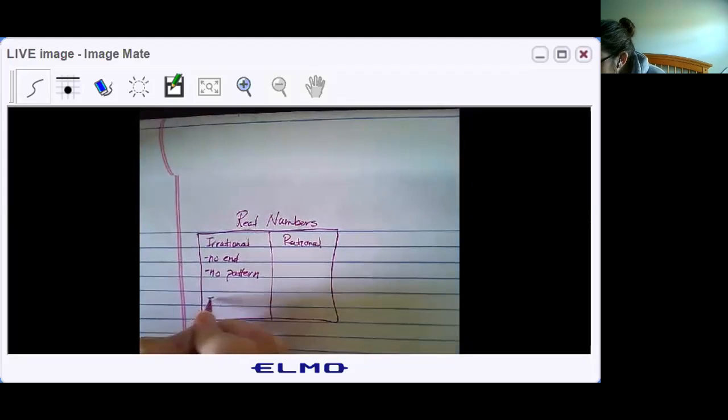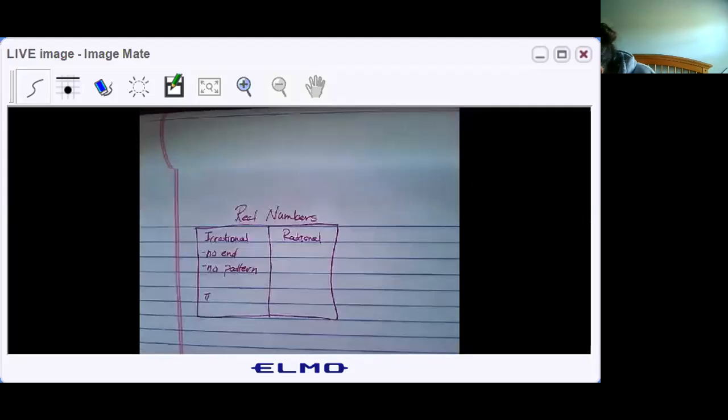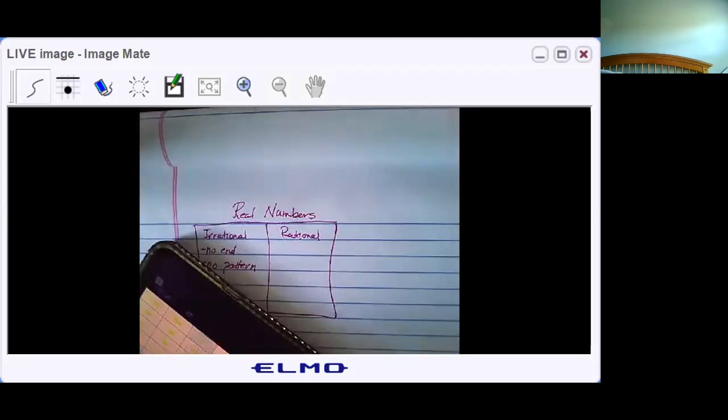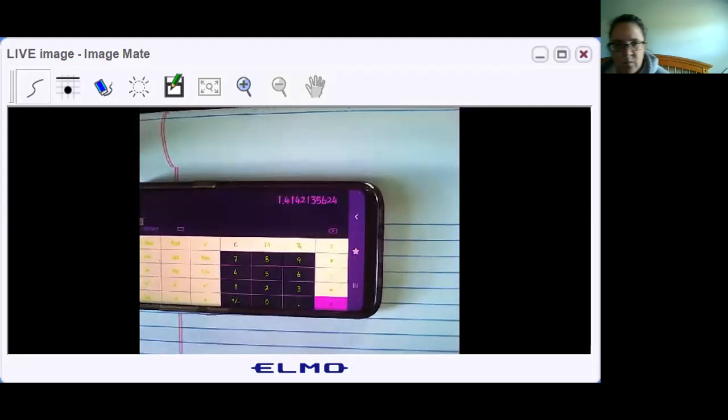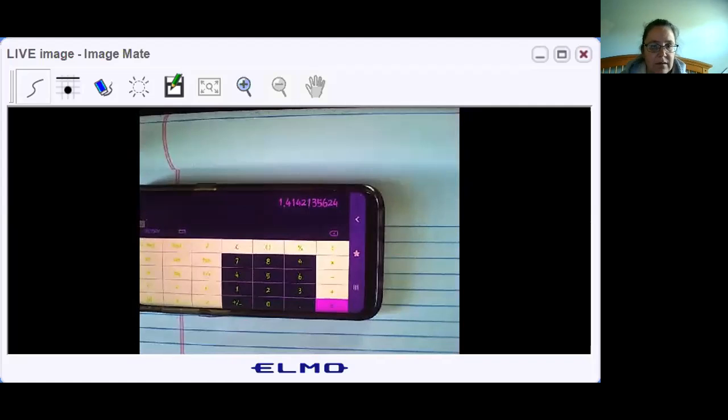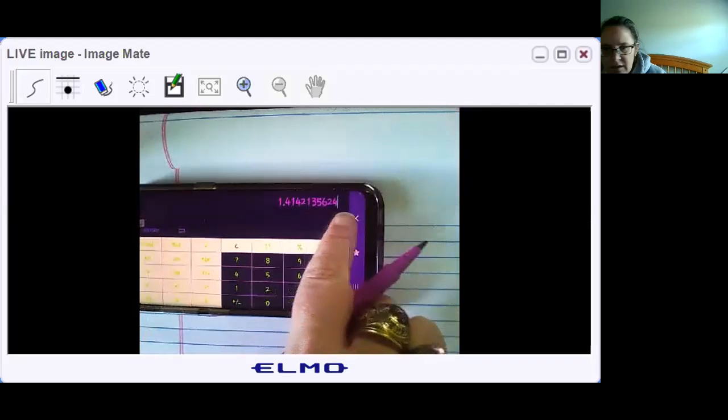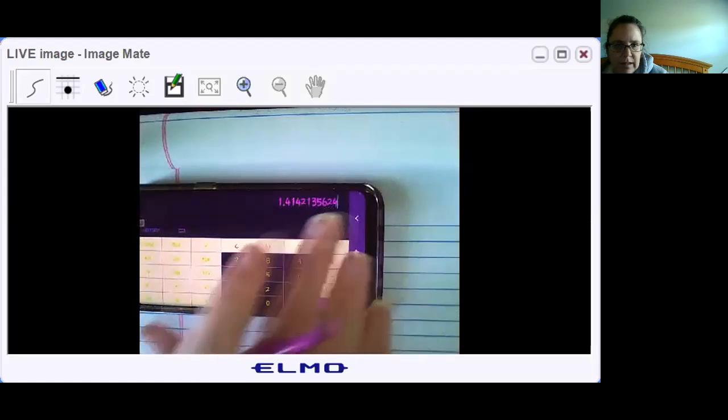Numbers like pi. Well, let's see, what if I do the square root of 2? Is there a pattern in that? Almost, but not quite, because if you look down here at the end, there's not a pattern there.